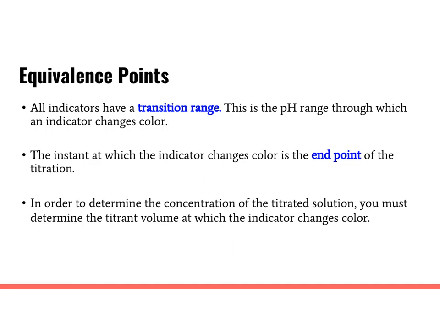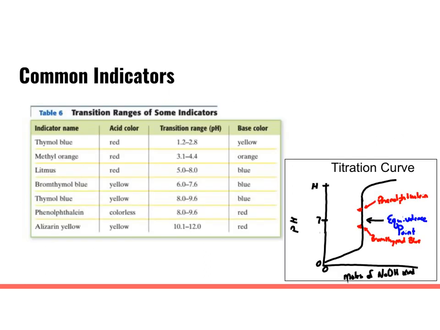So in order to find that concentration, we're really looking for that change in color, and you'll see that in the virtual lab. A couple of common indicators that we might use: we almost always exclusively use phenolphthalein in lab, because phenolphthalein is on that line. You'll notice there's a range here where it's considered neutral.